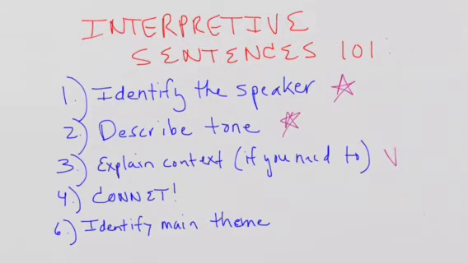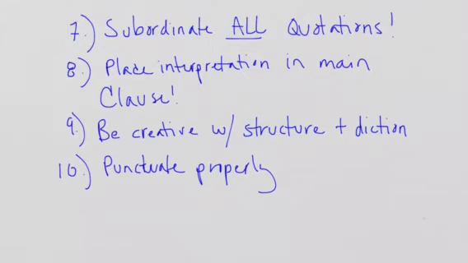Explain the context if you need to. Make sure you remember less is more though. Less plot, more interpretation. Make sure you connect. Use those words that are synonyms for each other. Take a word from the quote and use a synonym for that word in your analysis. Make sure you identify the main theme and make sure it connects to what you said was going to be your main theme in the topic sentence.